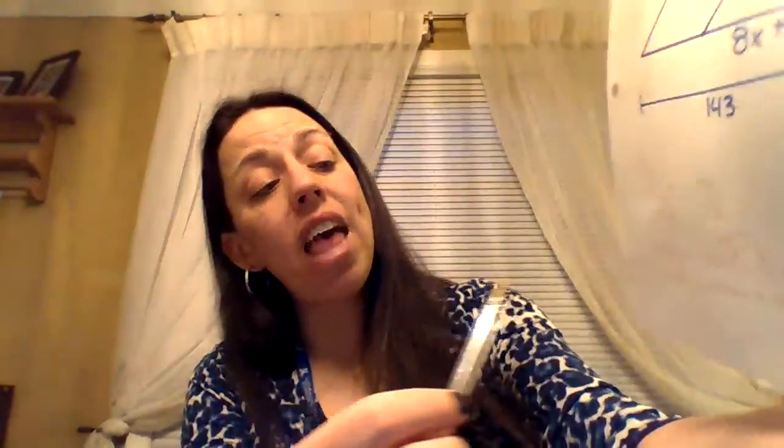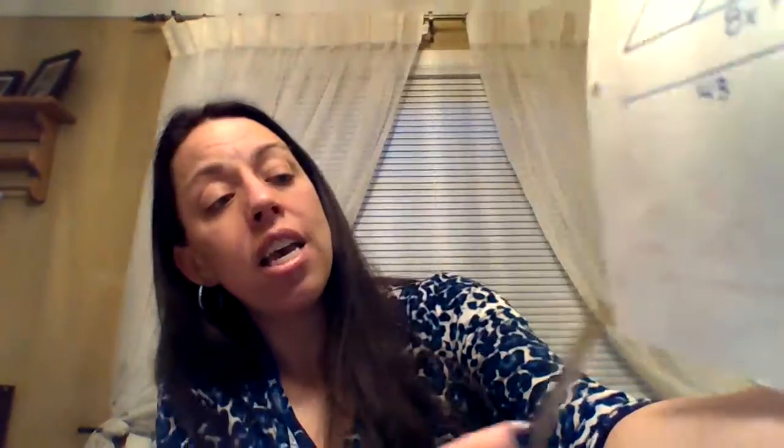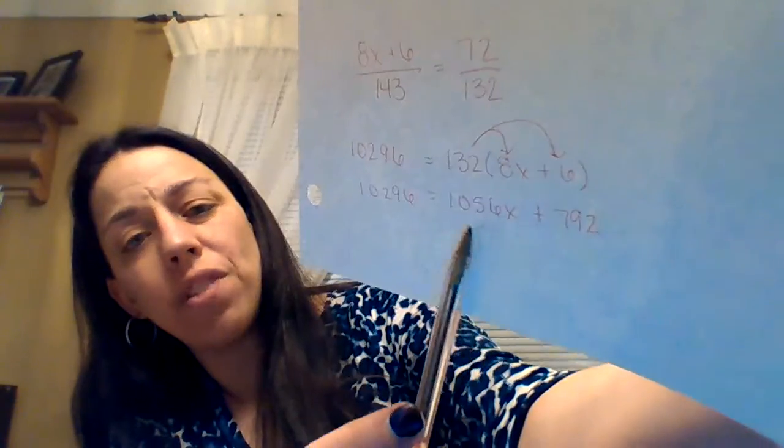So it looks like we have 10,296 equals 1,056x plus 792. So doing a little bit of just regular algebra, subtract 792 from both sides. So 10,296 minus 792 equals 9,504.